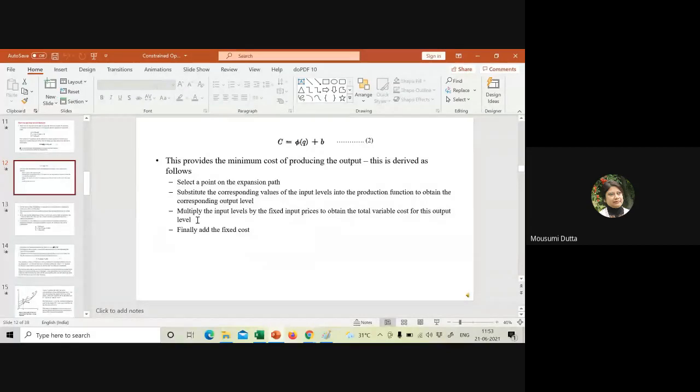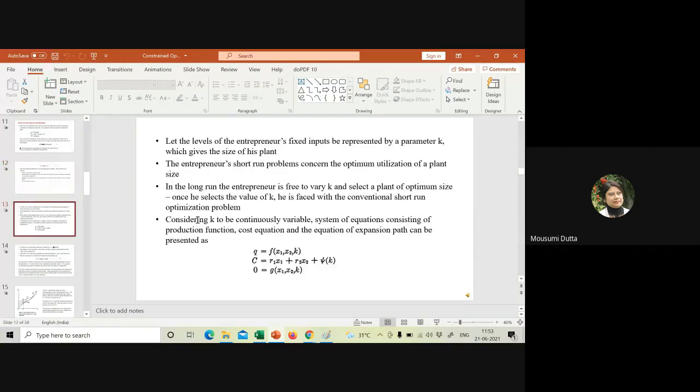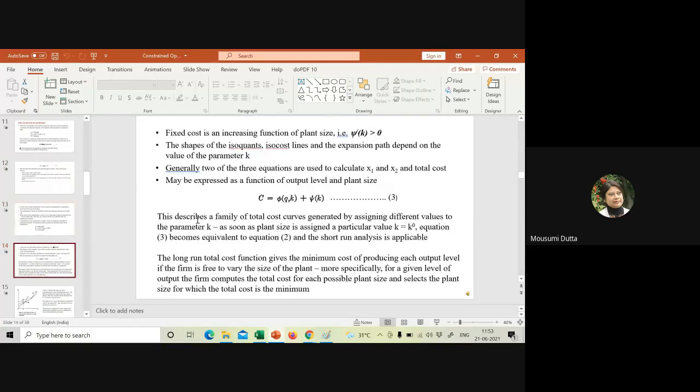C will be a function of Q only, and there will be a fixed component. Psi K will be a fixed amount, a fixed cost of running that particular plant size K naught. So equation 3 becomes equivalent to equation 2 and we will go for the short run analysis.